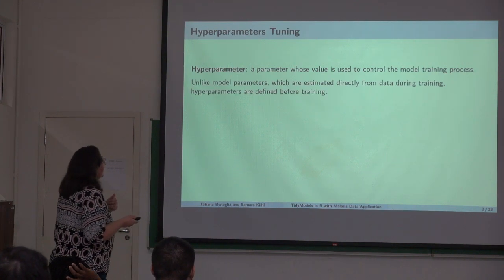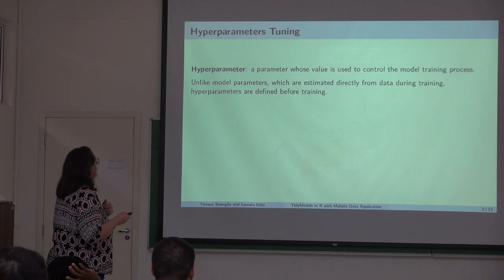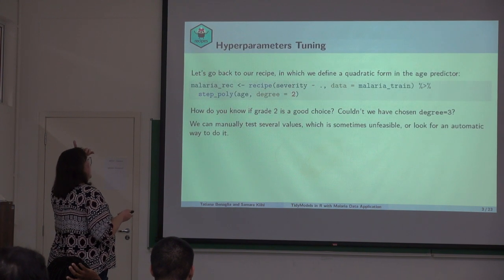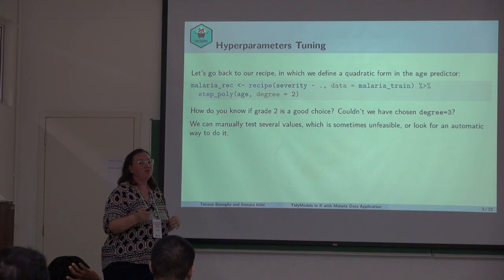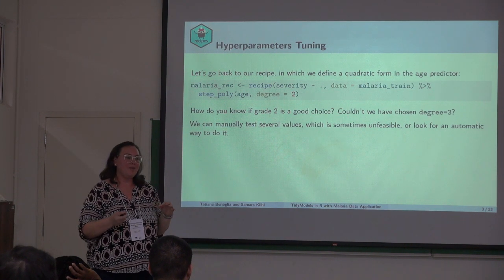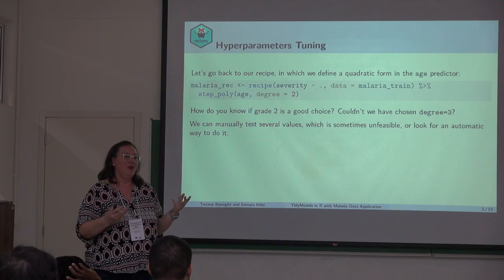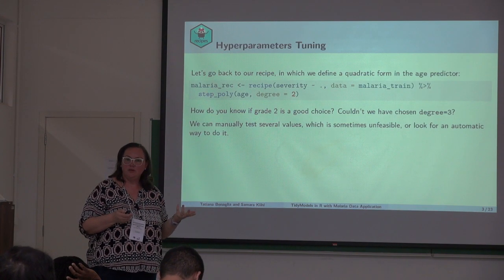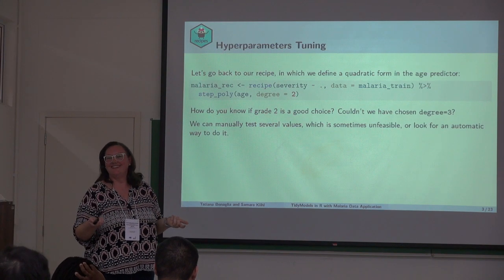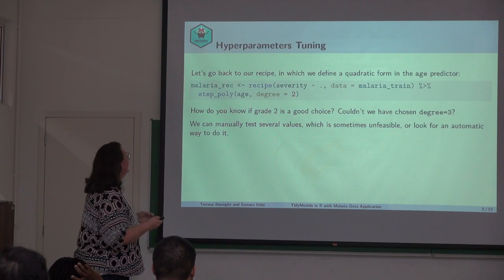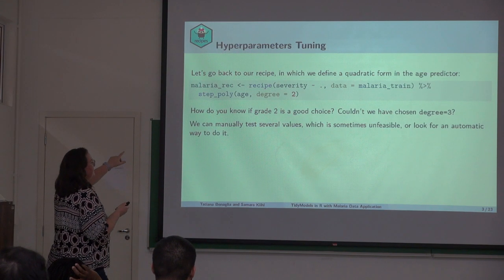We also can do it here. So here we had the degree 2, and the tuning may happen in 2 parts: just in the recipe, in the model, or both, right? So here I'm gonna show the first part.